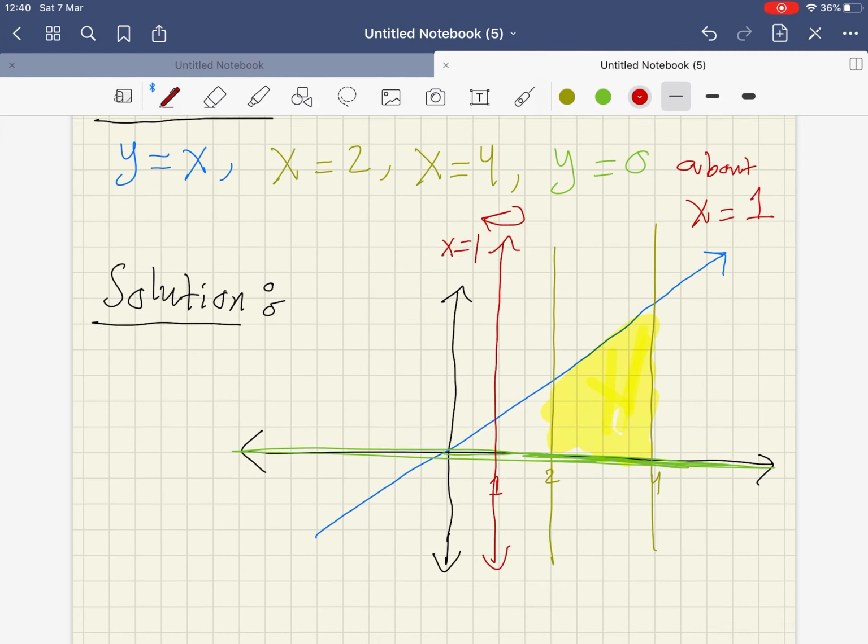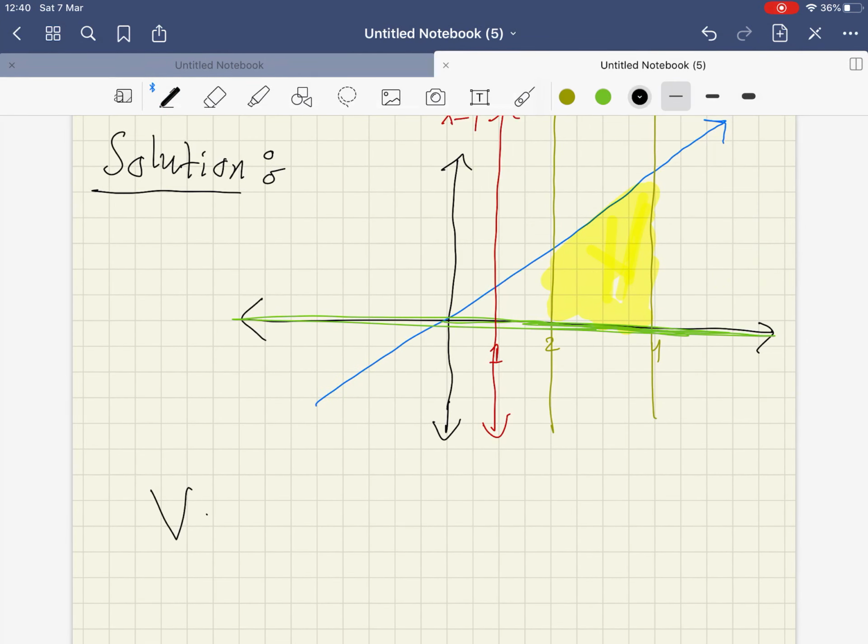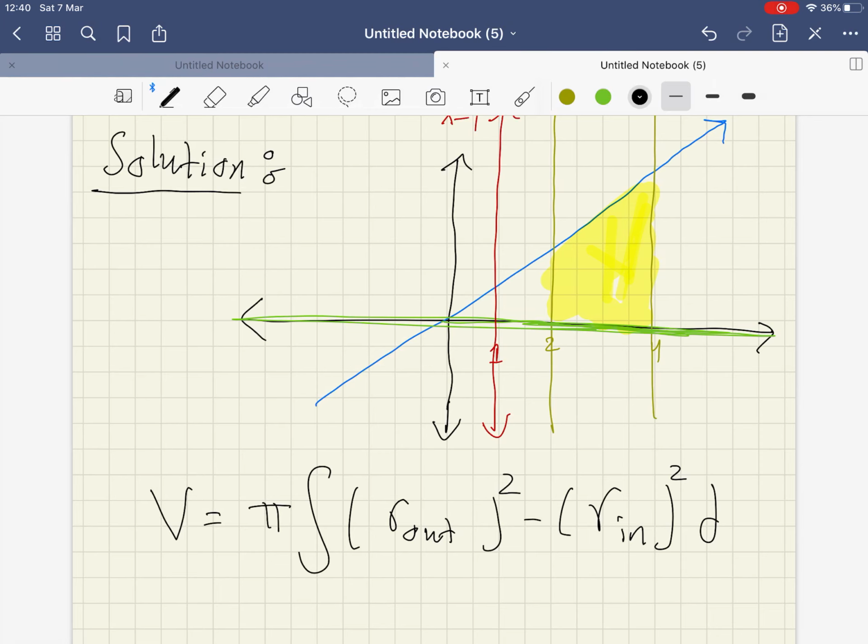X equal to 1. As we do before, we need to find the outer and inner radius, R out square minus R in square. Of course, here we need to find, is it dy or dx?